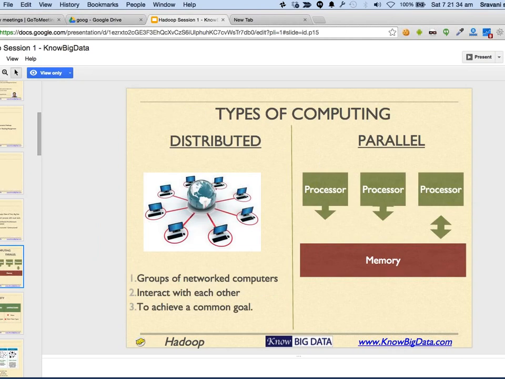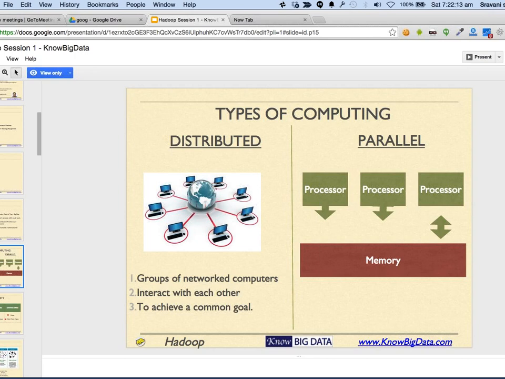Now, what exactly do we understand by distributed architecture? A distributed architecture means multiple computers connected together to solve a particular problem. Distributed architecture is generally confused with parallel computing. Parallel computing means there is a single memory, and there are multiple processors trying to coordinate with each other using this memory.